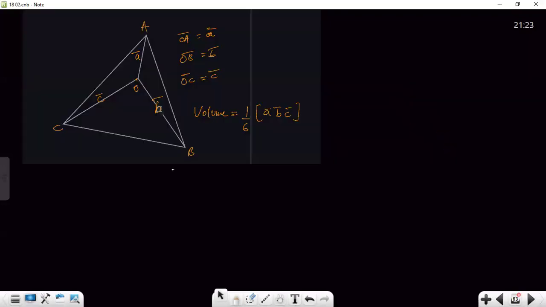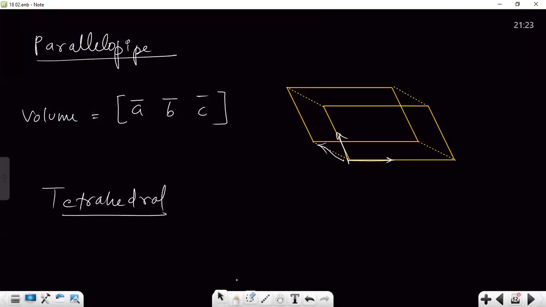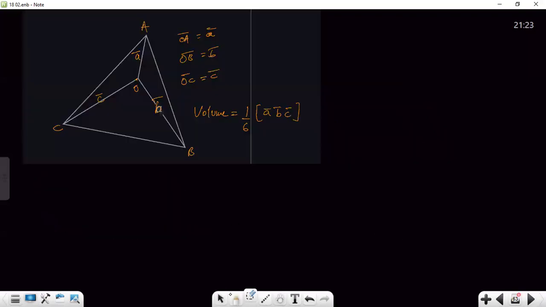This is the concept of the tetrahedron. Remember, OA is the A vector. Volume will be given by 1 by 6 into the box product, the scalar triple product.